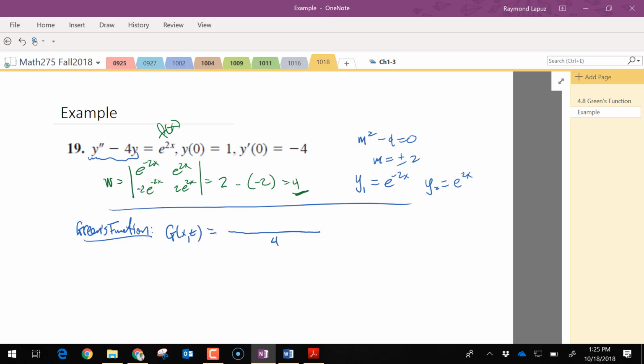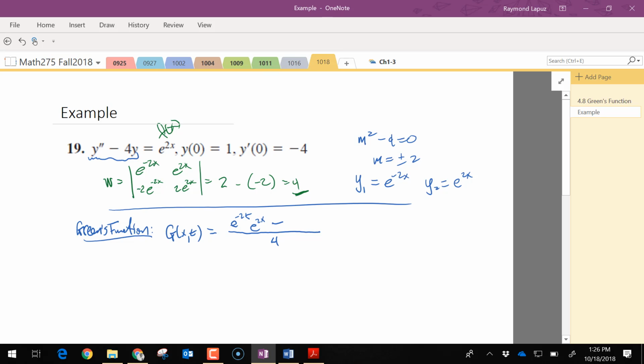All right, the rest of the stuff: we got a y1, so that's e to the minus 2, and the y1 has a t for the first one. And then y2 is e to the 2x. y2 is going to be a function of x for the first one.